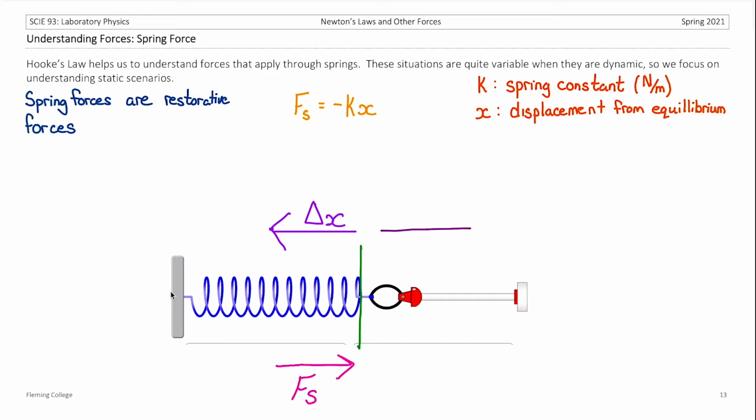Similarly, if we were to pull on the spring and stretch it out, then this force the spring is applying would be trying to pull the spring back into the equilibrium point. For our equation, you can see that we are looking at the magnitude, but this negative sign also helps us determine which direction it's going to be.